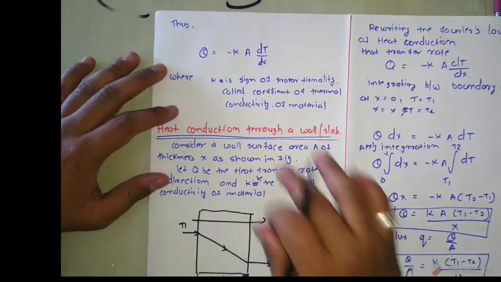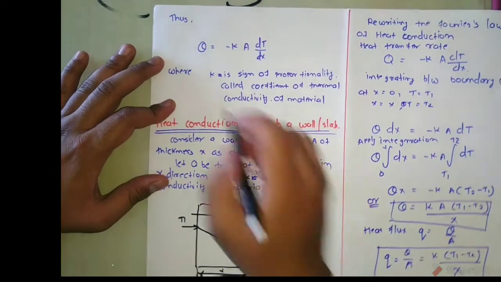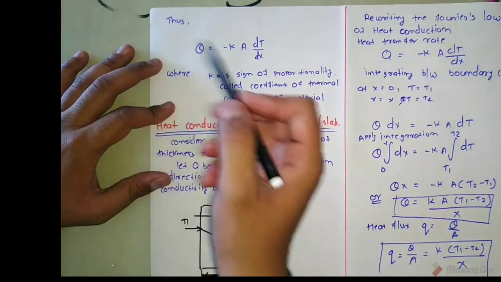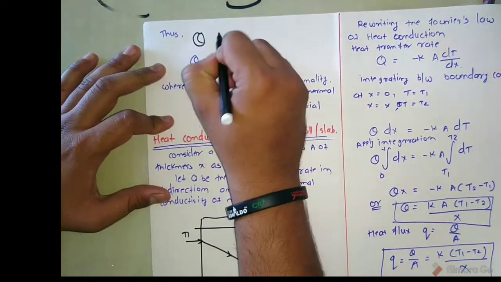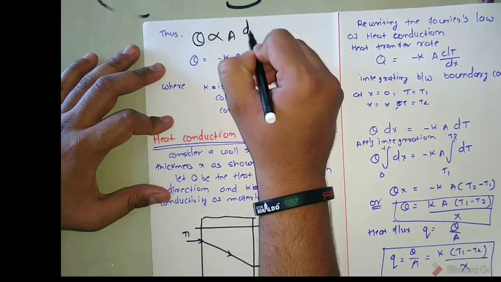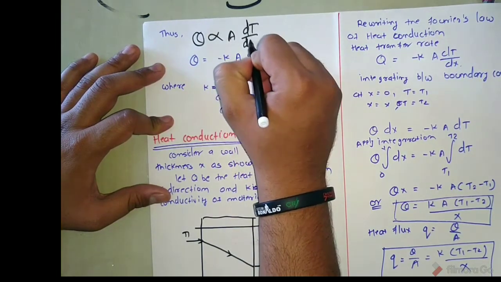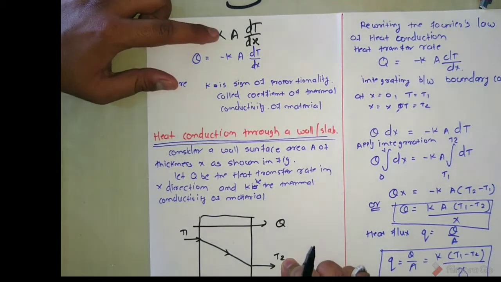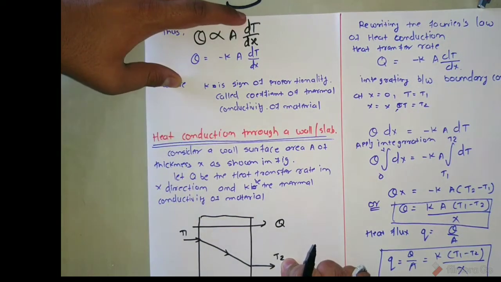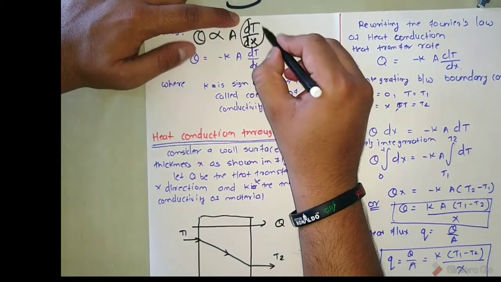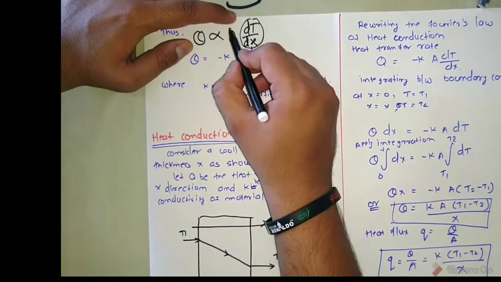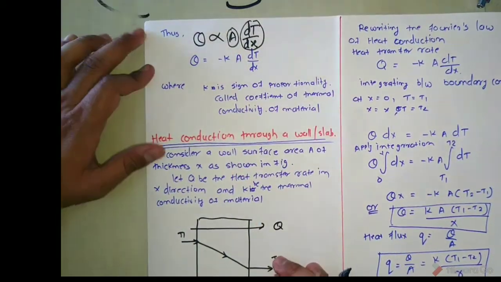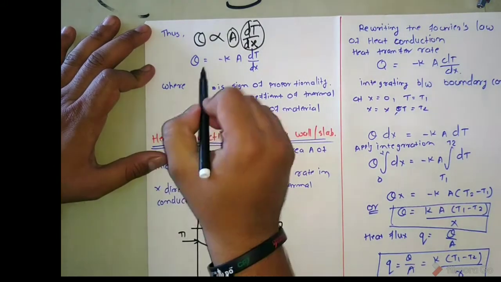So we conclude that Q is directly proportional to A dT by dx; the heat transfer rate is directly proportional to the normal area and the temperature gradient. dT by dx is your temperature gradient, and A is the normal area in which the heat transfer happens.